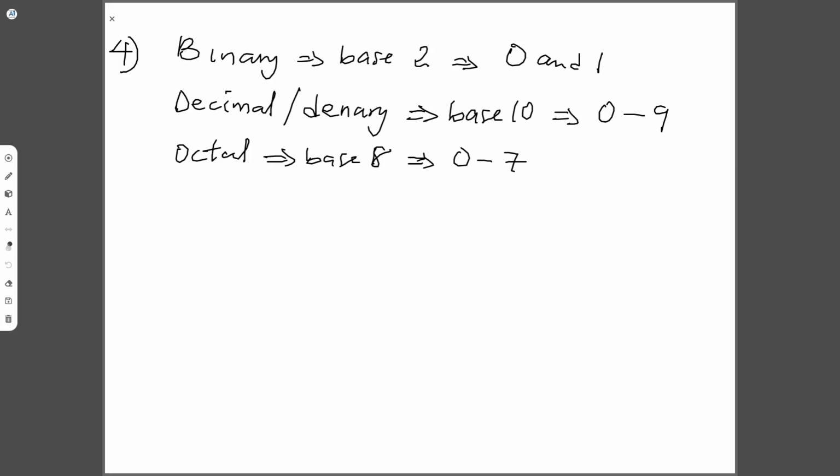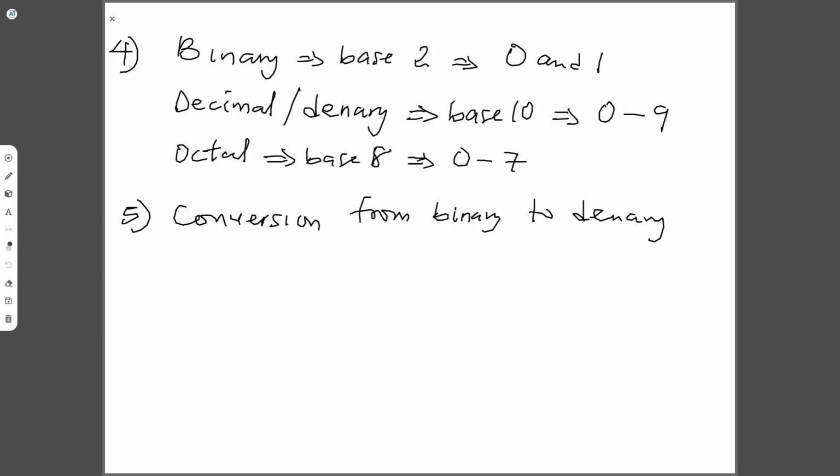Now, how do I convert a number from binary to denary? Conversion of a number from binary to denary. We are converting a number in base 2 to base 10.